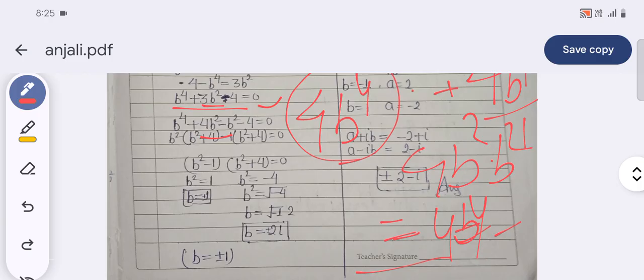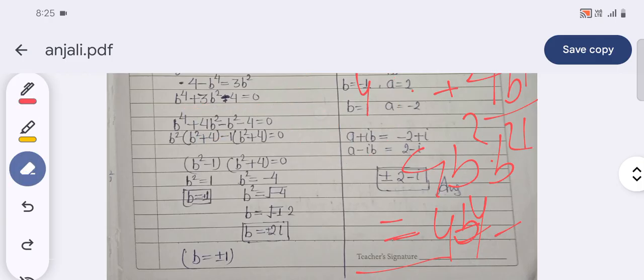Is it clear? Then we will take common in the first two terms. We will take b square common, then what remains is b square plus 4, and we will take minus 1 common, so this comes b square plus 4.